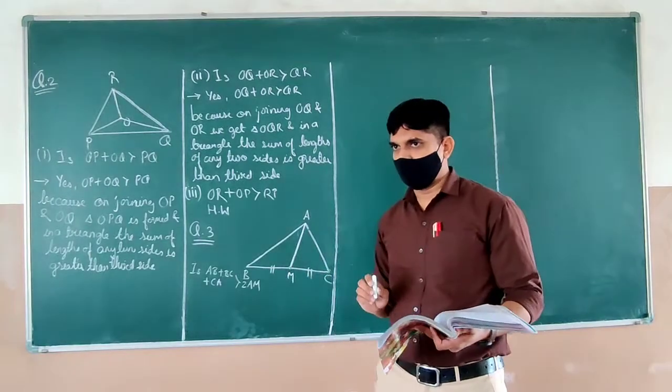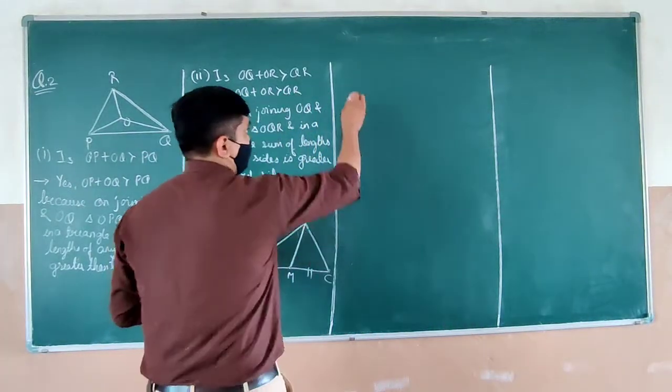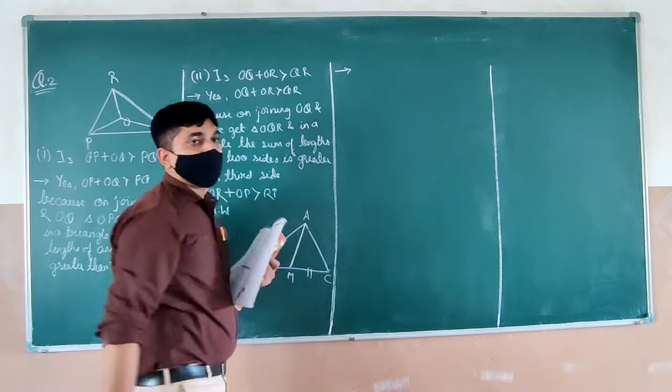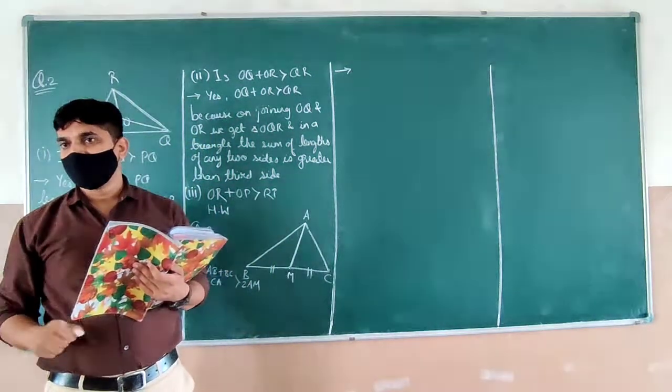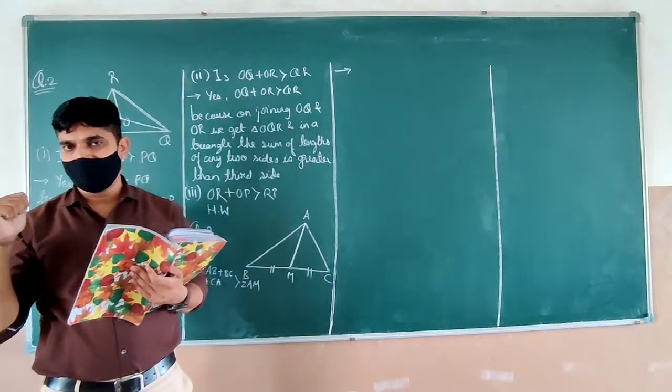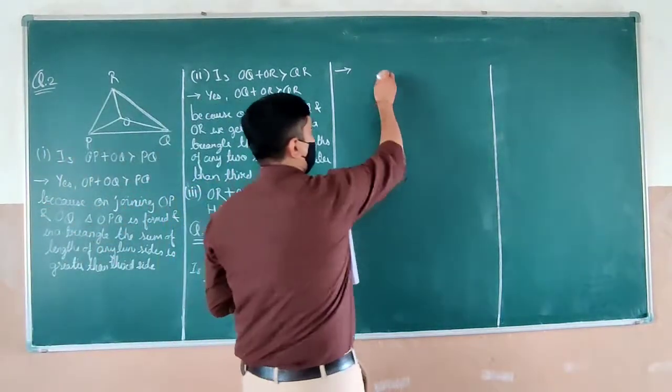So what will we do? We will write the property which we know. Which property? The length property, the triangle's length property. And what does it say?